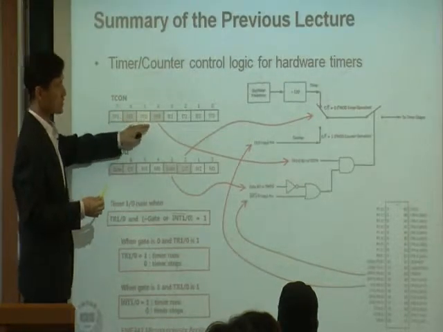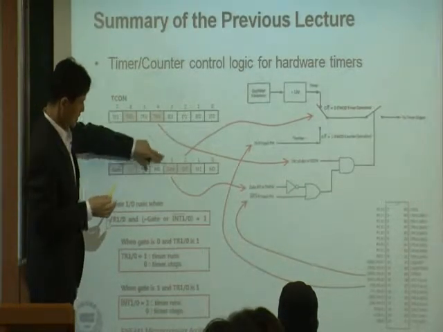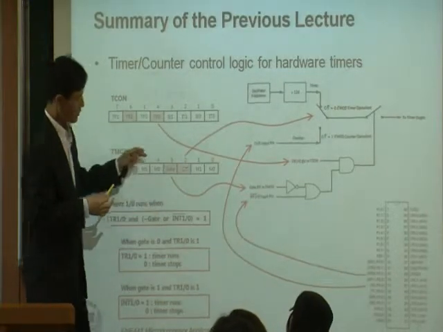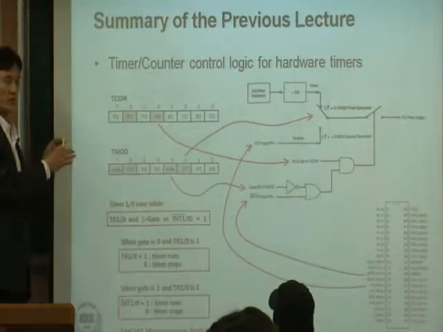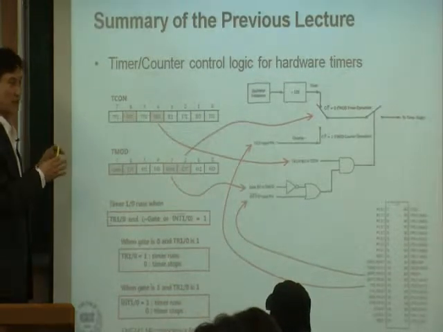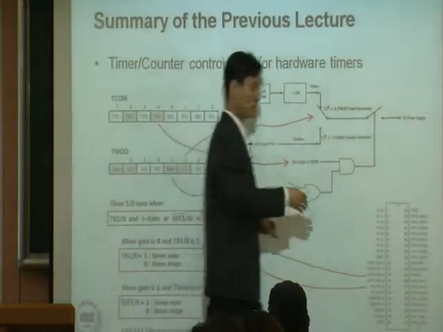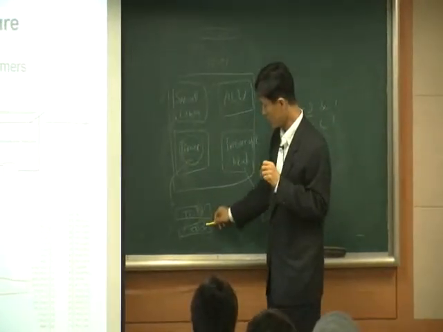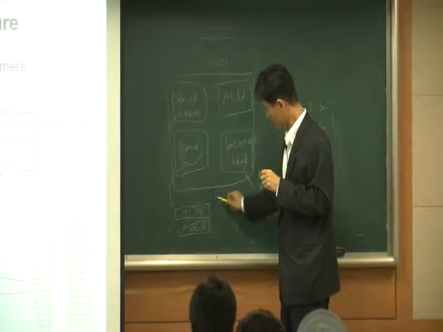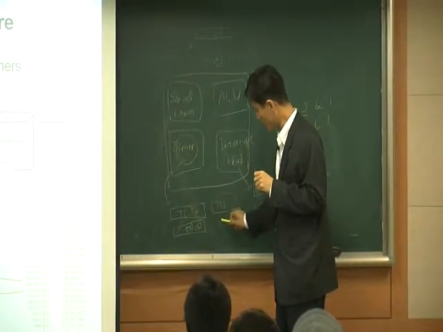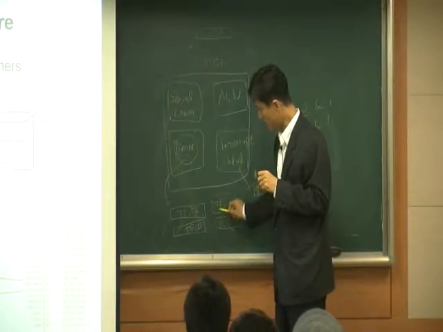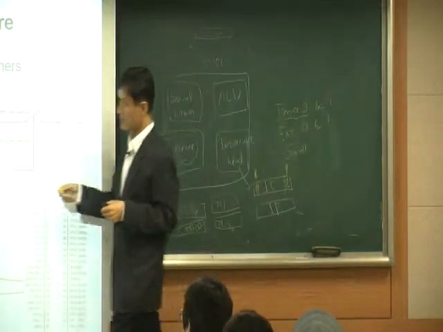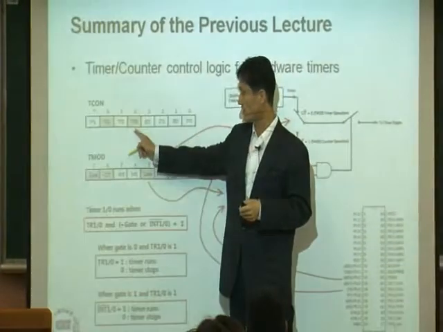You first have to program some kind of mode setting like this, and also you have to configure the initial value into TH and TL. Then I'm talking about this part, the timer part. You have to configure TCON and TMOD, and also program the right values into these registers. And then once you program the right values, finally you set this bit to 1.